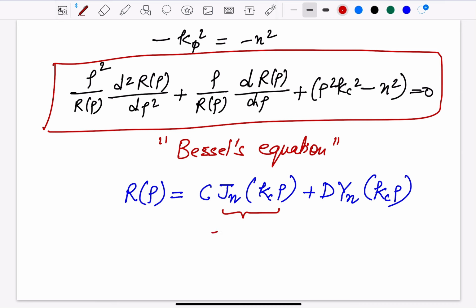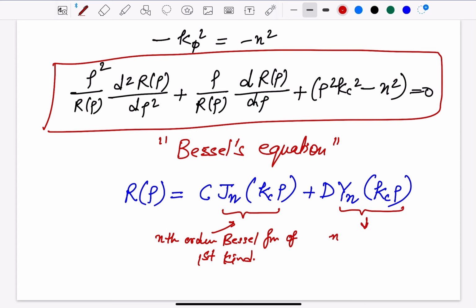with argument kc rho, and this Yn of kc rho is the nth order Bessel function of the second kind.